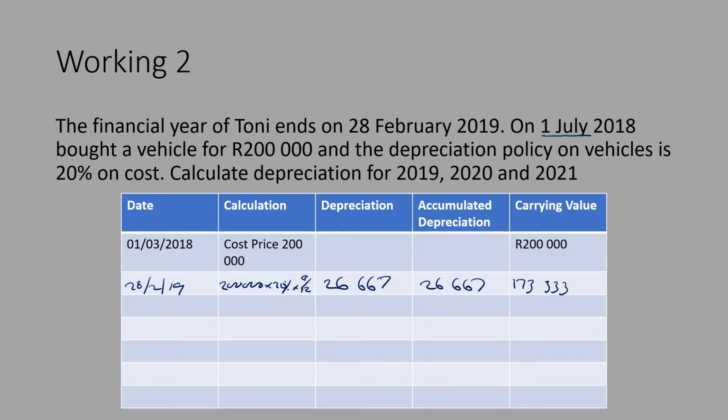Then when we go to 2020, it will be 200,000 times 20%, because now it's a full year of depreciation, that will be 40,000. Then accumulated depreciation will be 66,667.